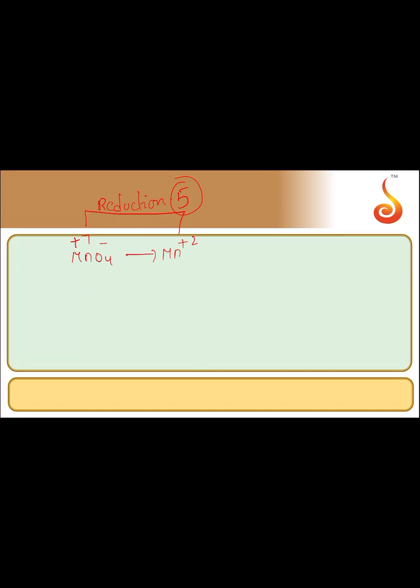That means to balance the equation, we should add 5 electrons on the reactant side. Then on both sides it will become plus 2.